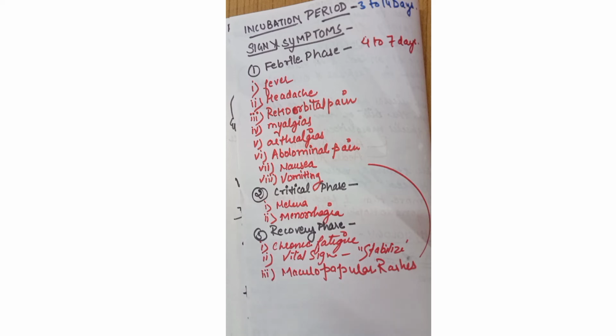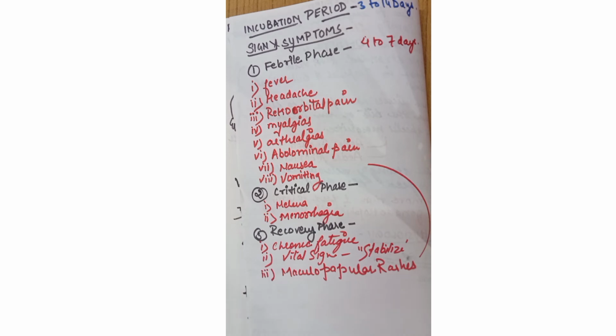The patient will be stabilized and the vital signs will stabilize, but there will still be the maculopapular rashes. The maculopapular rashes are also seen in the febrile phase, and that particular rash will also be seen in the recovery phase. These rashes in the febrile phase are seen in 50% of cases.